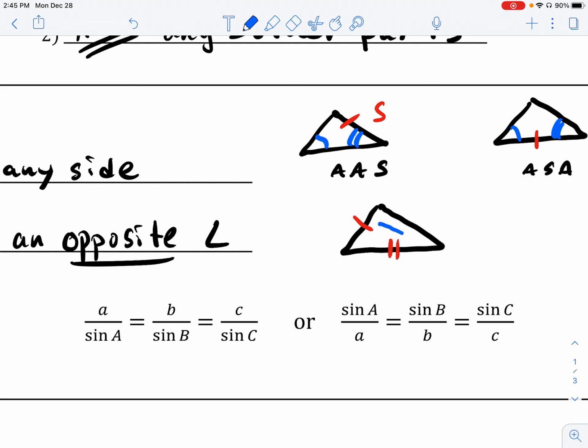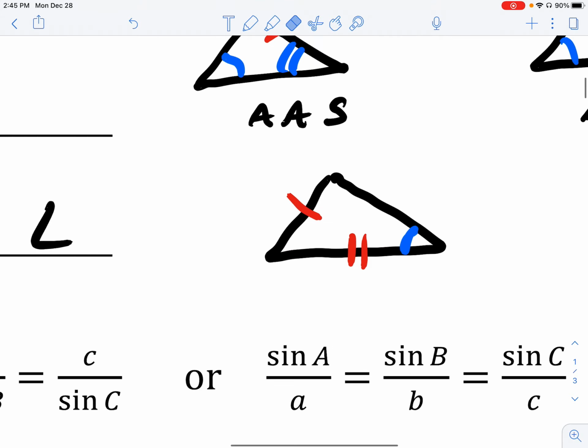If I were looking at this side here, the angle opposite of that would be this angle here. So we could be given that angle, or we could be given this angle here, because this angle would be opposite of this side.